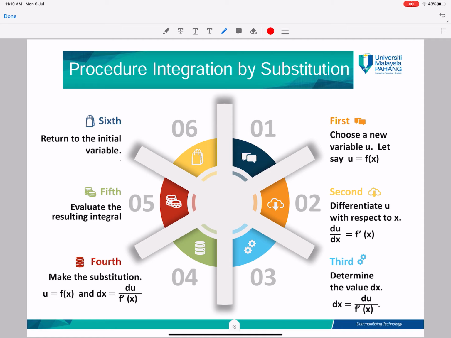Third, determine the value of dx, where dx is equal to du over f prime x. Fourth, make the substitution u equals f(x) and dx equals du over f prime x. Fifth, evaluate the resulting integral by using the basic formula of integration. Sixth, return to the initial variable, and in this case, you want to give your answer in terms of x.